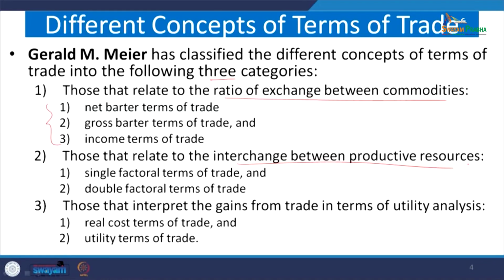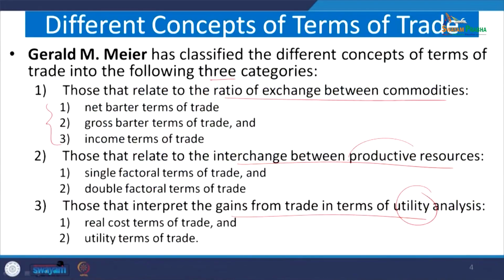The third set of argument or category defined to measure terms of trade is through the gains from trade in terms of utility. The focus here is utility derived from the trade, from export or import. The second one was on productive resources.